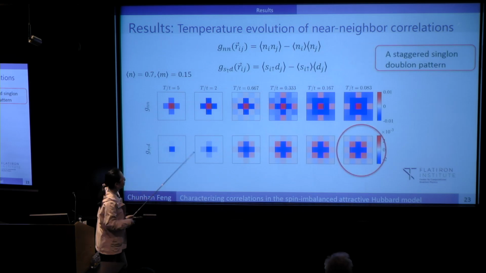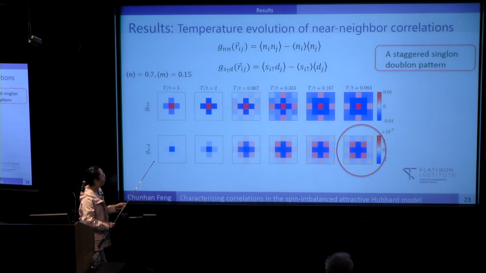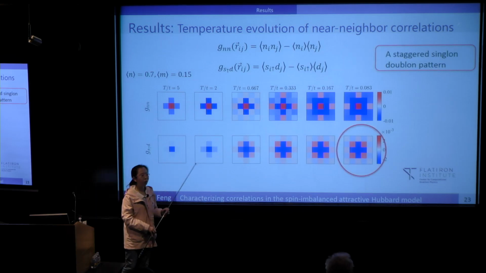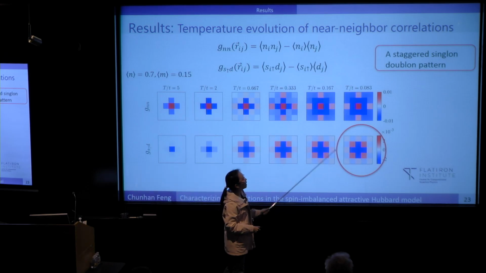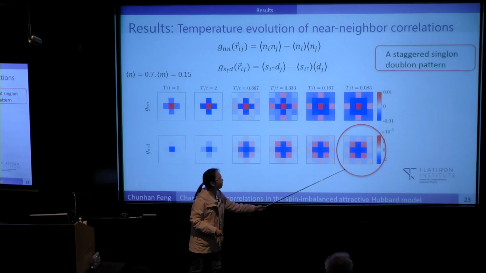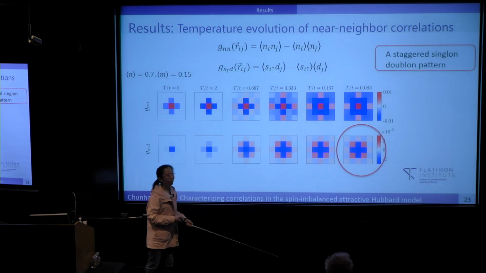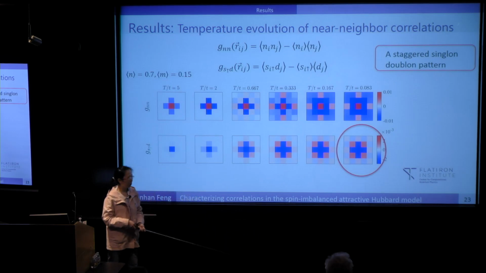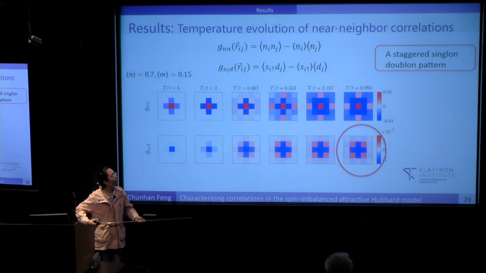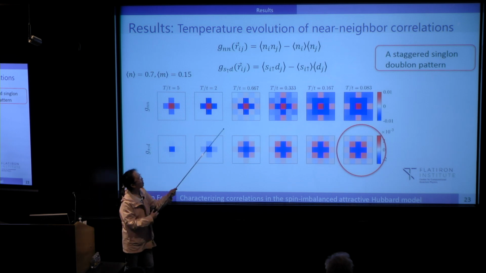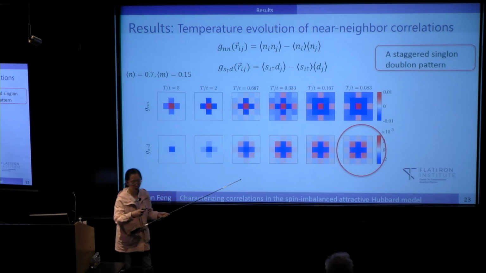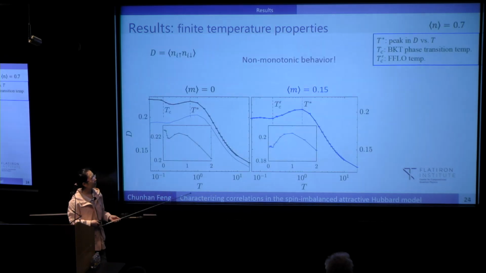And for the single-on and double-on one, due to the competition of those two effects we just discussed, we see a staggered single-on and double-on pattern at very low temperature. So it would be interesting to explore the finite temperature properties of such a system and see, for example, in which temperature regime we can see such a short-range CDW pattern in the spin-imbalanced system.